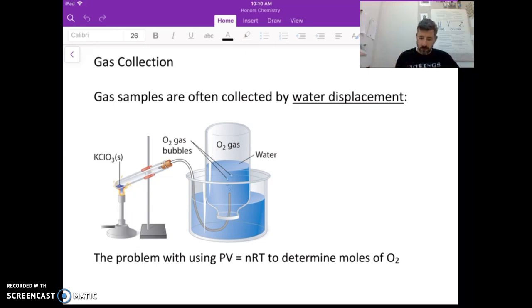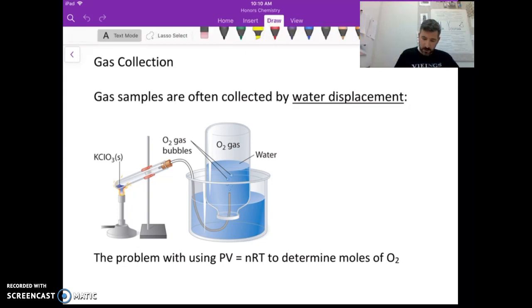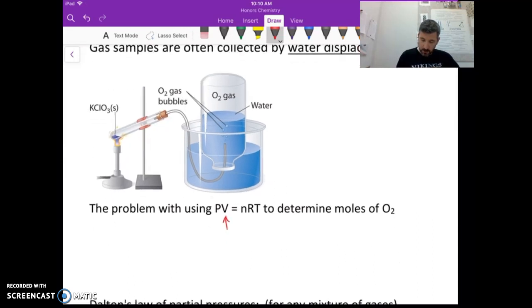So it is fair, when we're doing PV equals nRT, to say that the volume that we plug into the equation is the volume of oxygen. We can say that the temperature is the temperature of the oxygen. Okay, but the pressure is actually created by both oxygen and water vapor, the water that has evaporated inside our sample. Okay, so there's a mixture of gases.